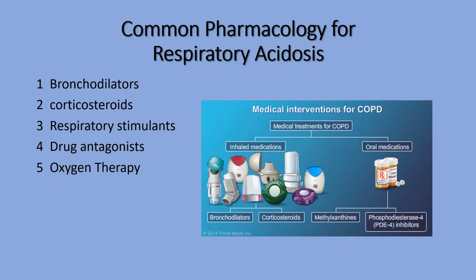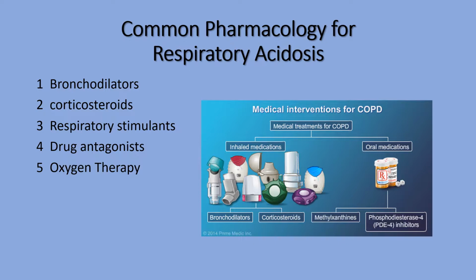That means there's something affecting the way you breathe. You treat the underlying issue with bronchodilators, corticosteroids, and respiratory stimulants. Sometimes you're not breathing well because you're ODing, so you reverse the drug overdose and you provide oxygen therapy.